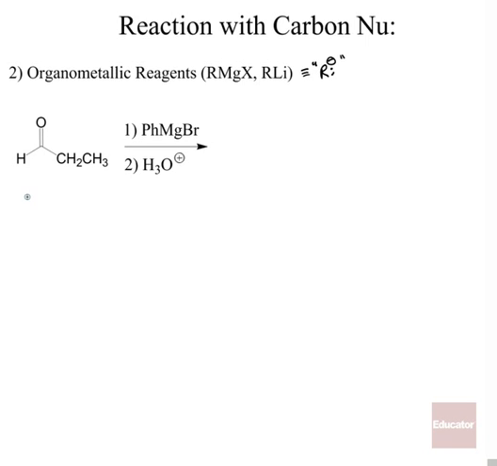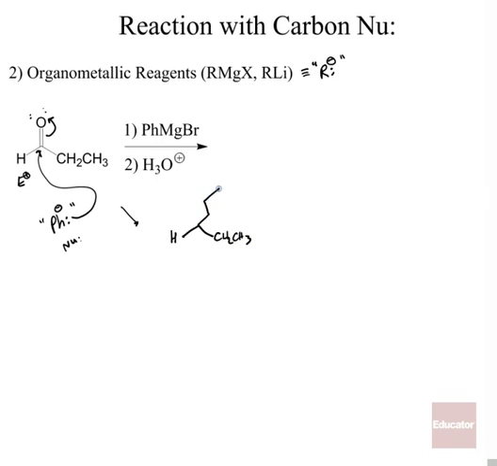What would happen if I took this aldehyde and I reacted it with phenyl magnesium bromide? Well, phenyl magnesium bromide acts like it's a phenyl minus. Great nucleophile. I know my carbonyl is a great electrophile, so let's see if we can predict the product here. I think that nucleophile is going to attack the carbon, break the pi bond. So we now have a phenyl group, a benzene ring.